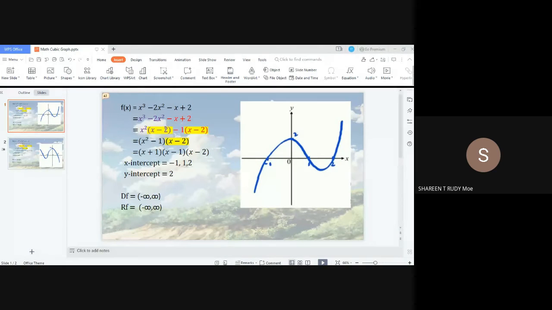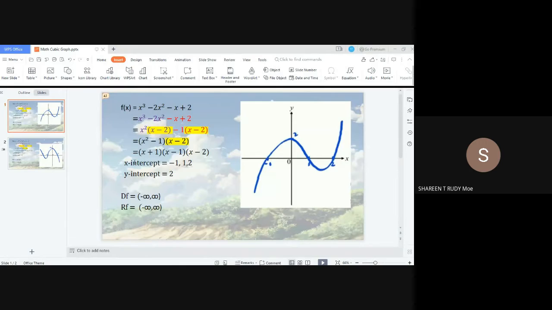Then we put it down here. The leftover terms, x squared and minus 1, we put here. Notice that x squared minus 1 is a quadratic expression, so we factorize it and get (x plus 1)(x minus 1).